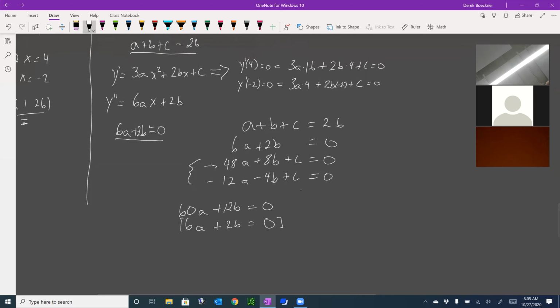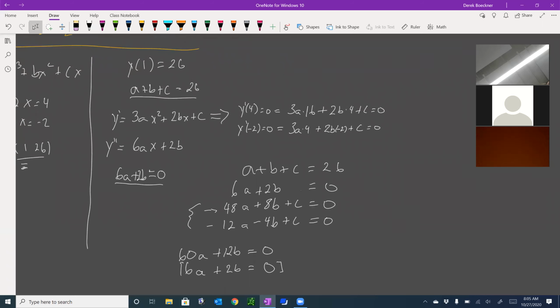Did I screw up one of my derivatives? 3ax squared plus 2bx plus c. We put 4 in there, put 2 in there. Get a c.